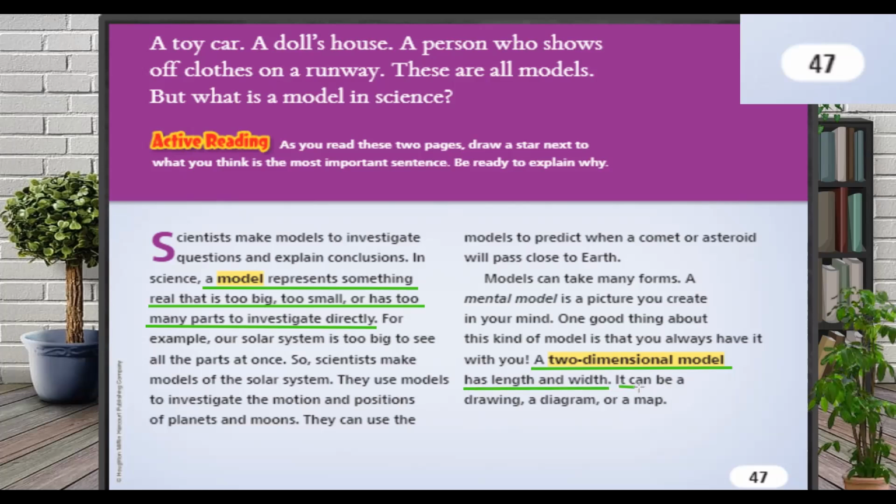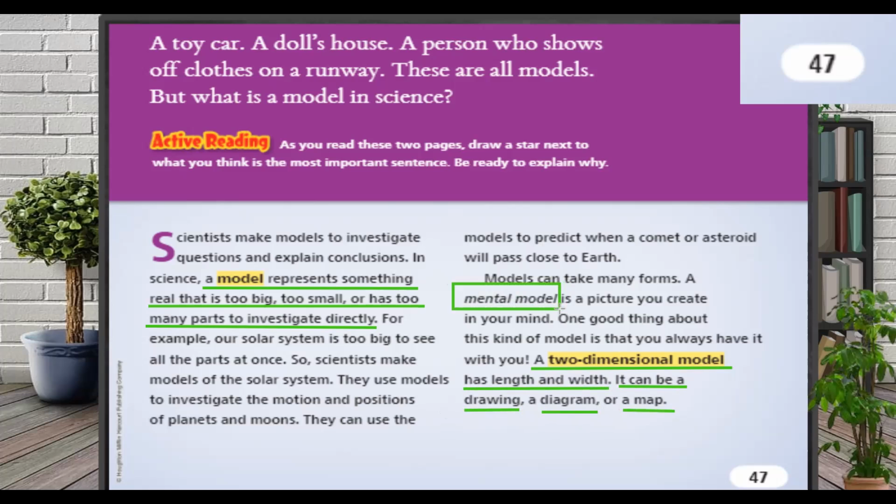Okay, and it can be what? A drawing, a diagram or a map. A map. Excellent.